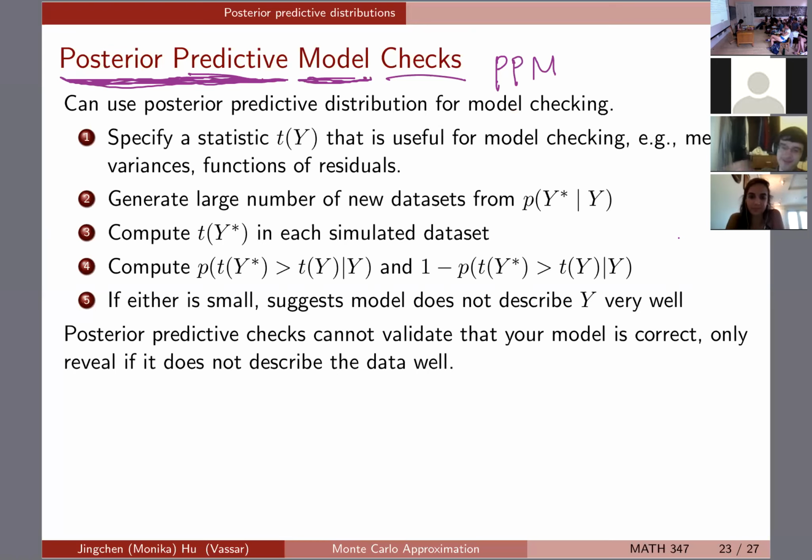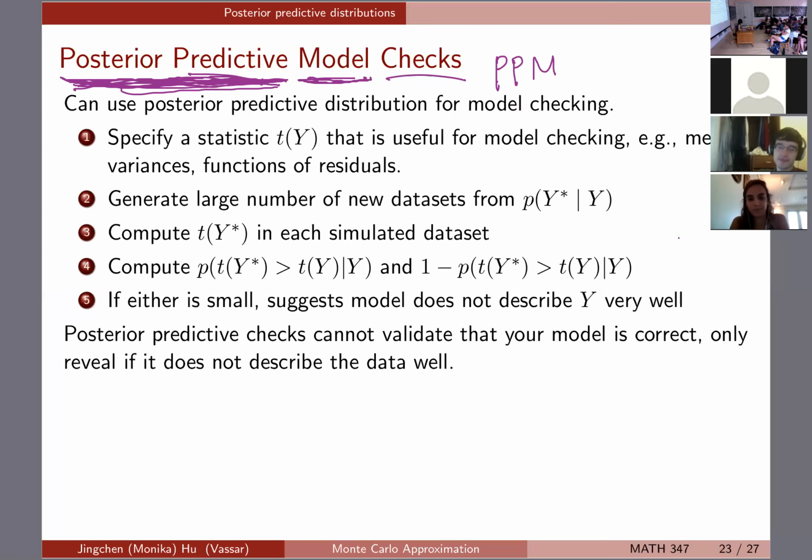Earlier we talked about posterior predictions and how that can help us make predictions. But now we're interested in, with that predictive power, can we actually check how good the model is? The general idea is, now we can make a lot of predictions of new data points.